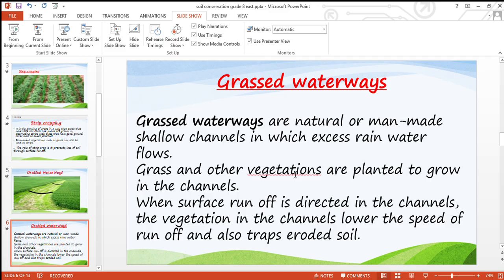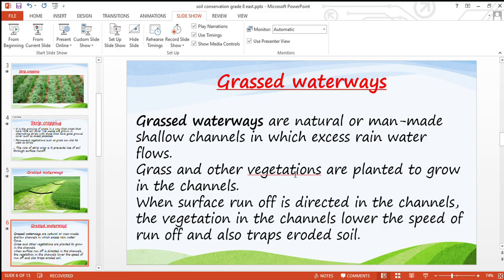Cheupe, not Cheusi. Okay, now we have seen that grassways are natural or man-made, as I have explained, and they are grown in channels of water where the surface runoff is directed.